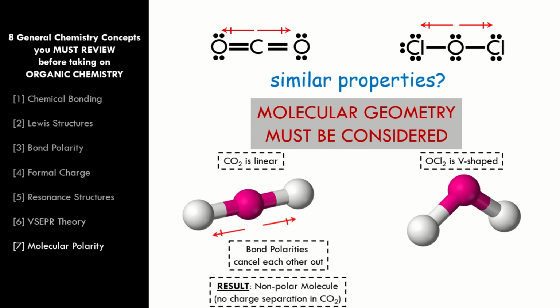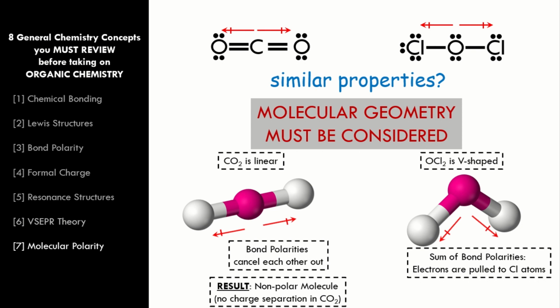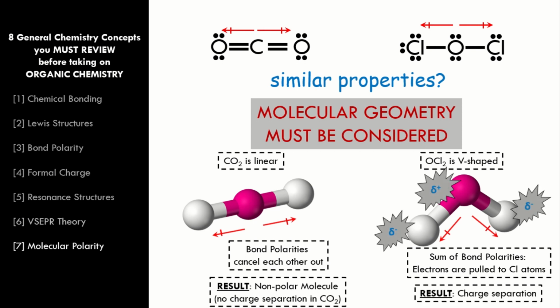On the other hand, the angular orientation of the bonds of oxygen dichloride does not result in the same tug-of-war stalemate or the cancellation of bond polarities like in carbon dioxide. Instead, it seems like these two bond polarities are helping each other pull the electrons away from oxygen, which results in an overall molecular polarity with the oxygen atom bearing the partial positive charge and the chlorine atoms having the partial negative charges.